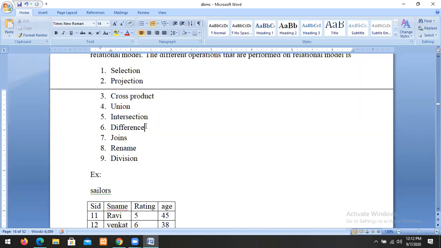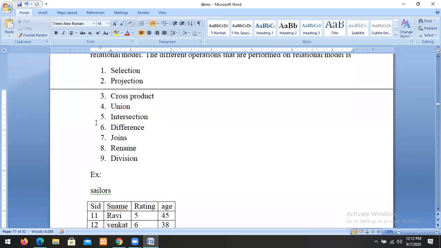What is difference? In the case of difference, it contains the rows of the first table but not the rows of the second table. That's what we call a difference.